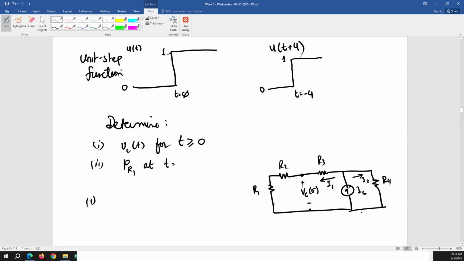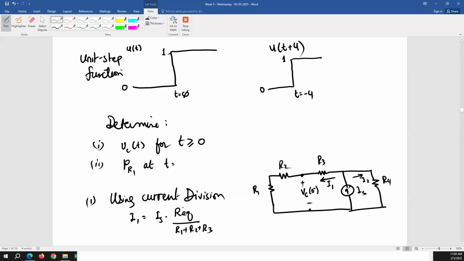We don't really need to find I2, we just need to find I1. So using current division, I1 is equal to the total current, which is IS, times the equivalent of the resistors divided by R1 plus R2 plus R3.